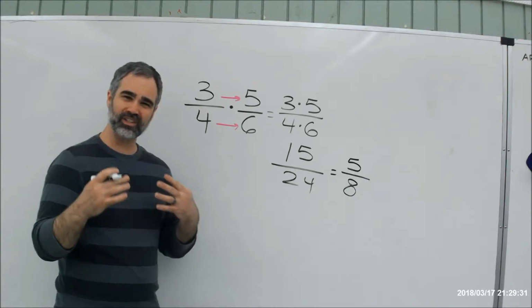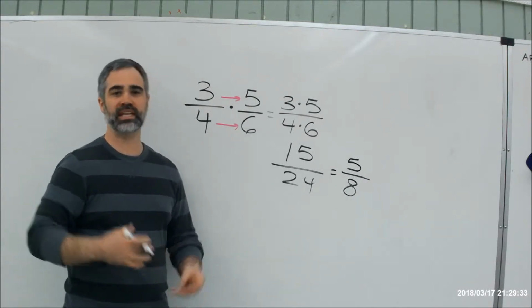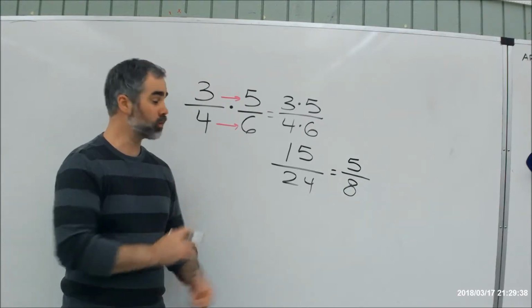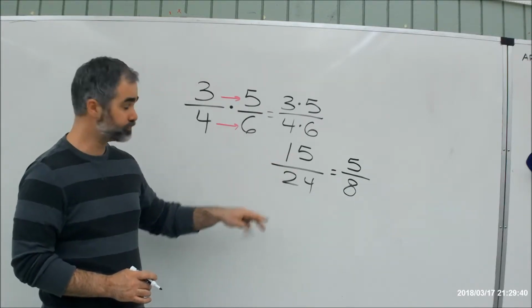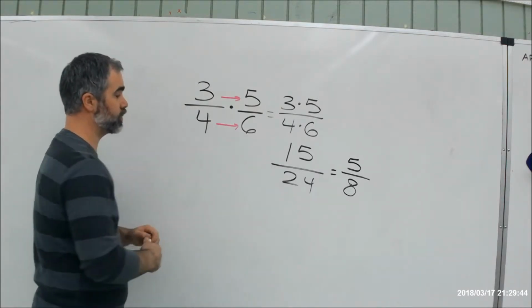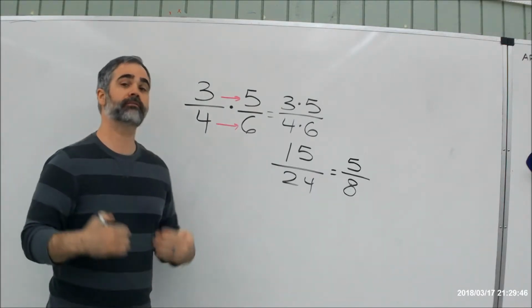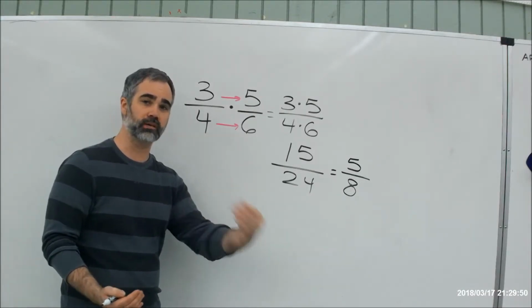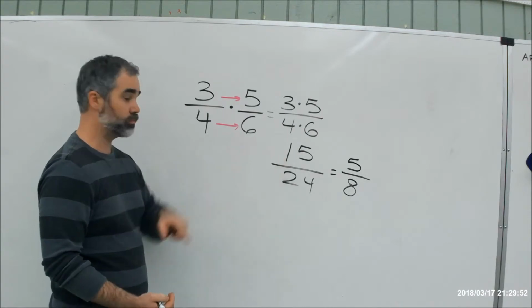This is not as easy to see when you're dealing with big X's and Y's and strange expressions. So I'm going to show you a little bit more of why we are allowed to do this. When we have a fraction, 15 over 24, we can actually factor that. Again, that's the first step on any rational expression. You'll hear me talk about that later in the video. But we need to factor this.